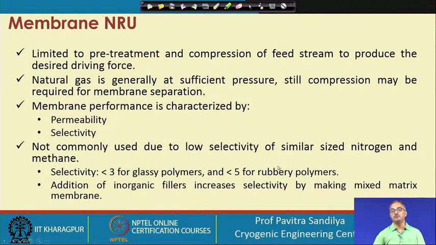That means if we want to separate nitrogen and methane, then generally this is not done much, and the selectivity we find is less than 3 for glassy polymer membranes and less than 5 for rubbery polymer membranes, and addition of some inorganic fillers is done to increase the selectivity by making the mixed matrix membrane. So we use some fillers so that we can overcome this kind of small selectivity of the membranes.